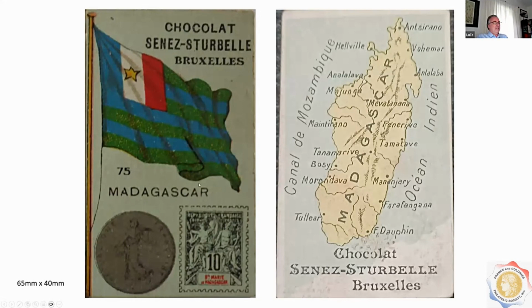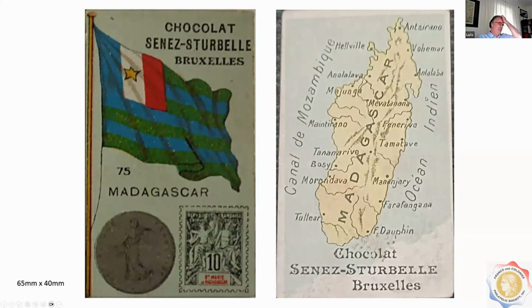And what's interesting is that to illustrate a collectible card around Madagascar, they put a badly printed stamp, a reproduction of a 10 centime stamp from Sainte Marie de Madagascar. But on the back, where they put the big island, they didn't actually put where Sainte Marie might be, around this location here.